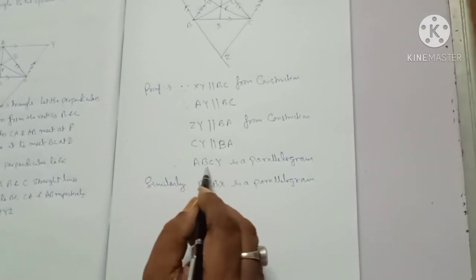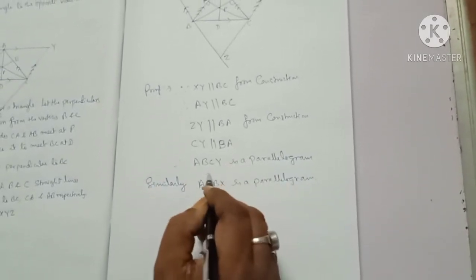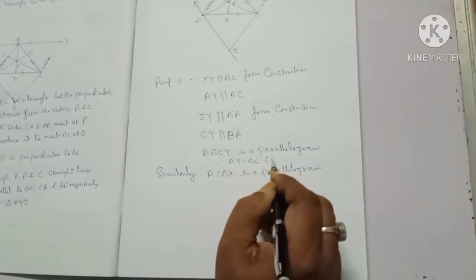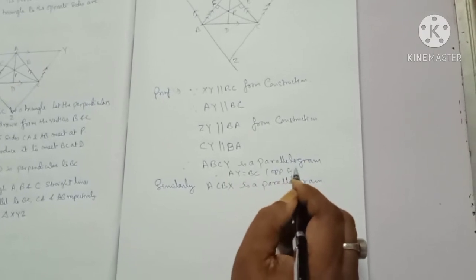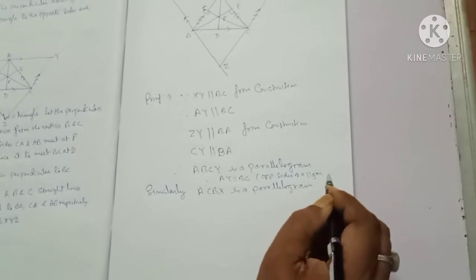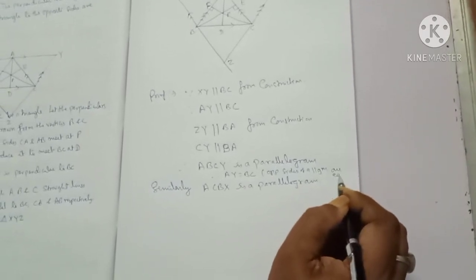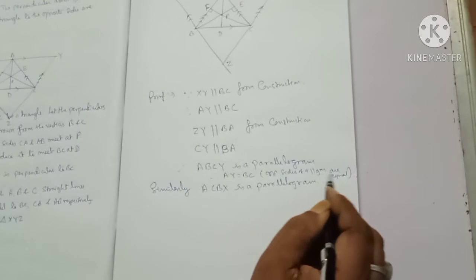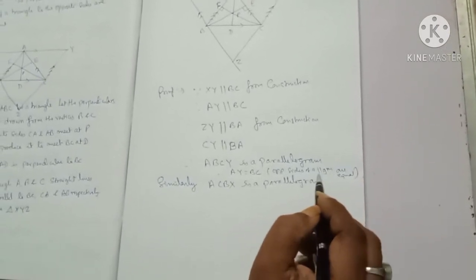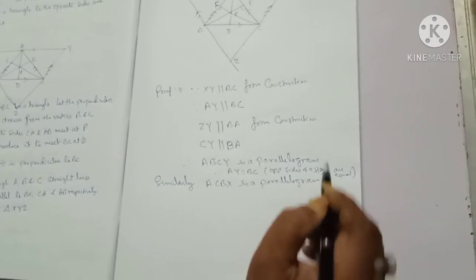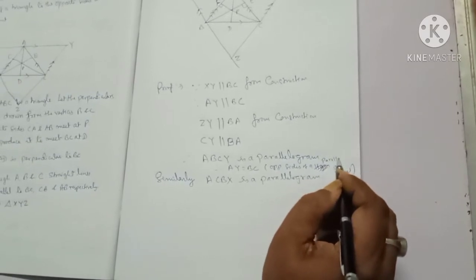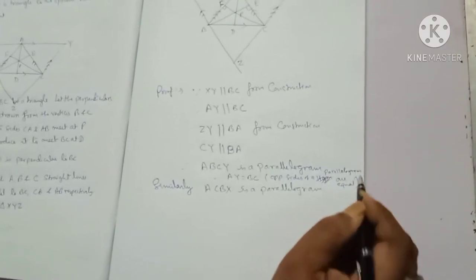Now here, since ABCY is a parallelogram, therefore AY is equal to BC, because opposite sides of a parallelogram are equal.